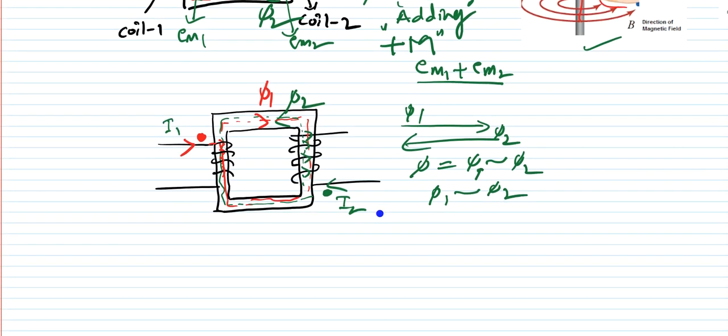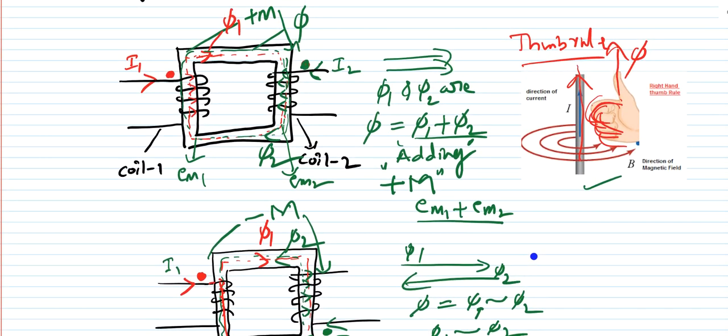It means the two fluxes are opposing each other. Then the mutual inductance will be negative between the two coils. Therefore, my mutual induced EMF is going to oppose my self-induced EMF. That is the concept you have to understand here.